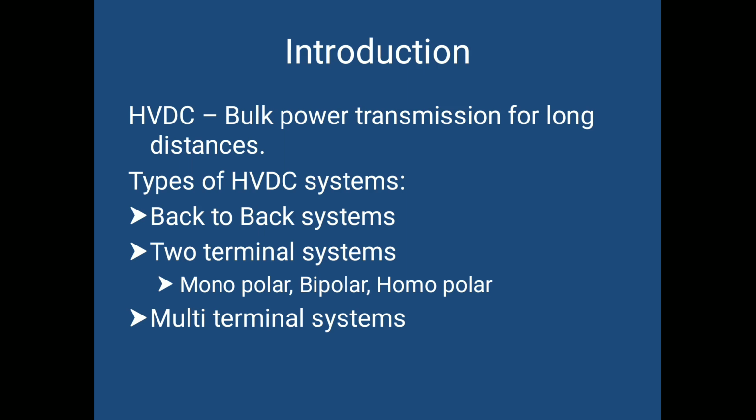This type of system is called a point-to-point link, that is, there is no intermediate tapping. Multi-terminal systems use multiple transmission lines to connect more than 2 points. These can also use monopolar, bipolar or homopolar DC links.